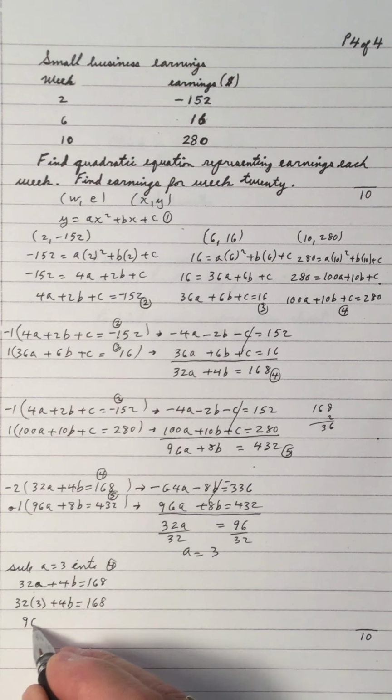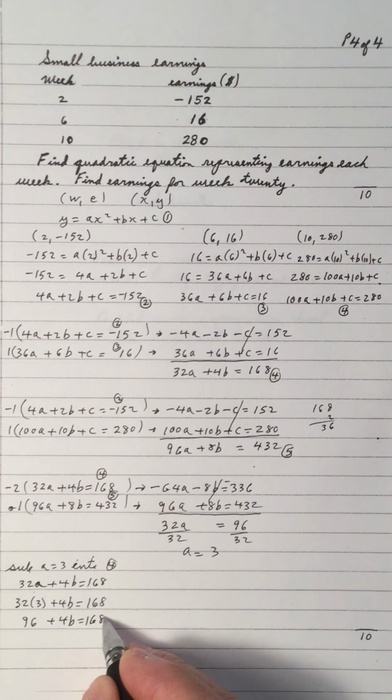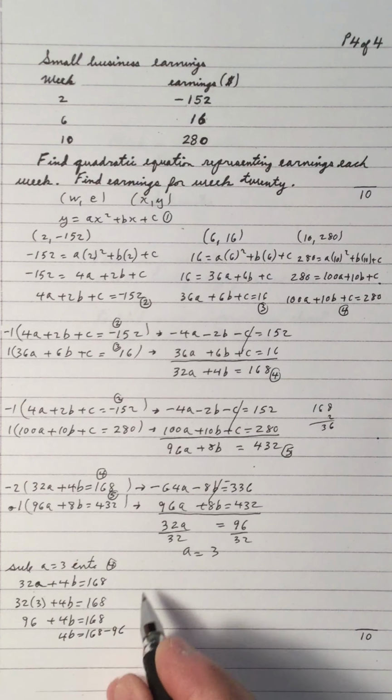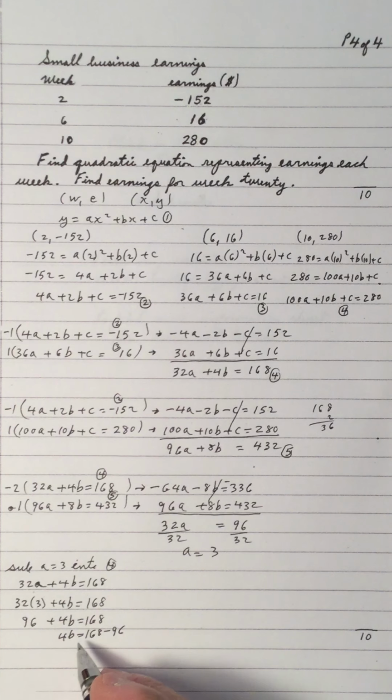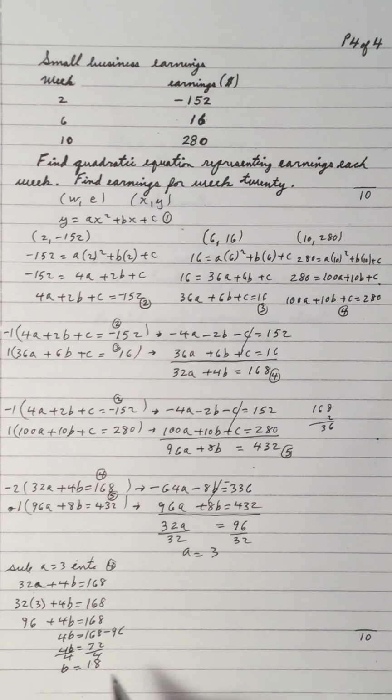So that's 96 plus 4b equals 168. So 4b is 168 minus 96. And that's 4b is equal to 72 divided by 4. And I get b equals 18.